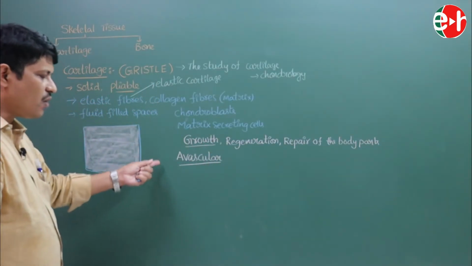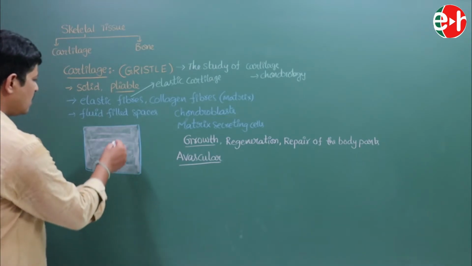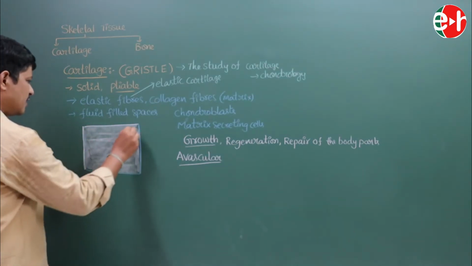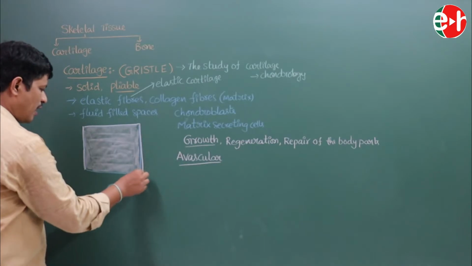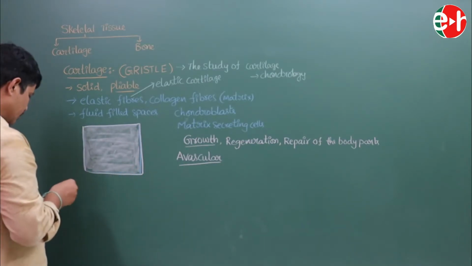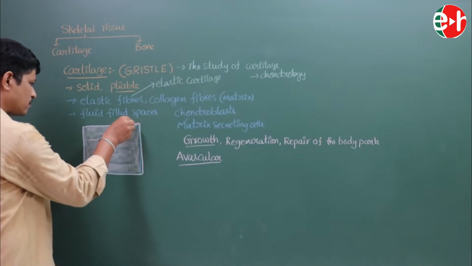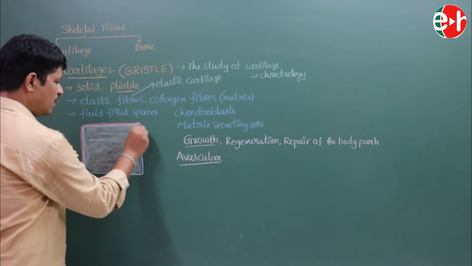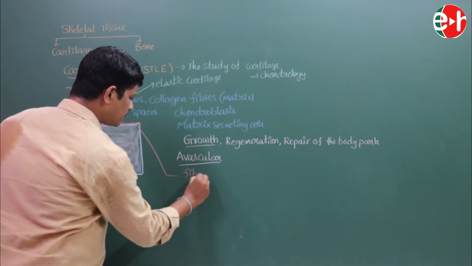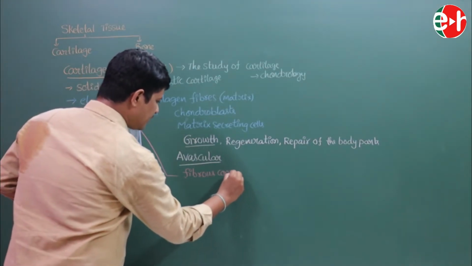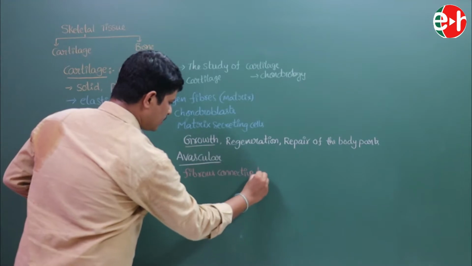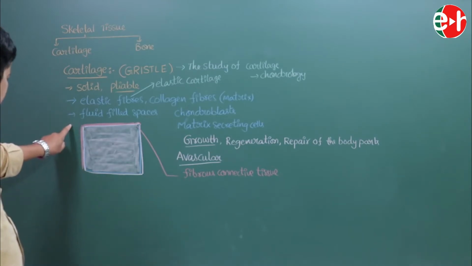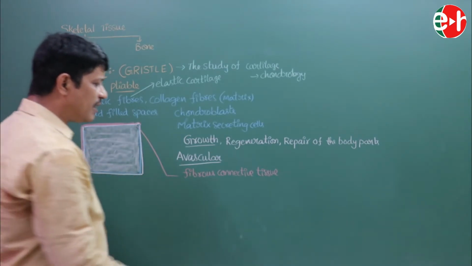The surface of the cartilage is surrounded by a dense or fibrous connective tissue. Cartilage is surrounded by a fibrous connective tissue.